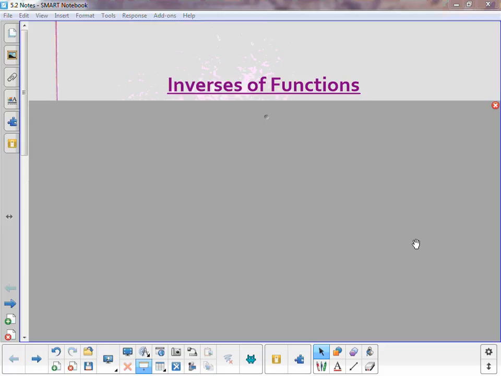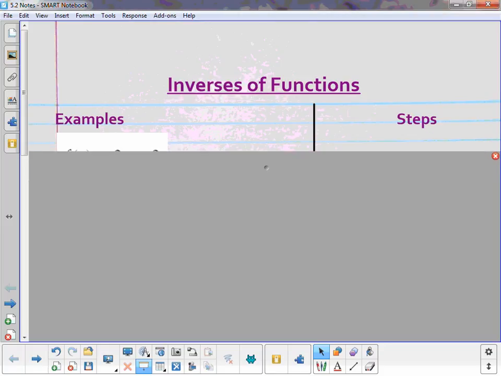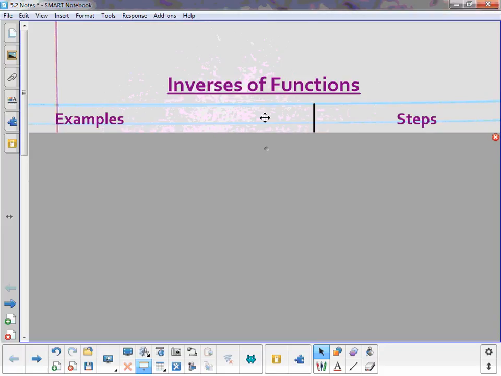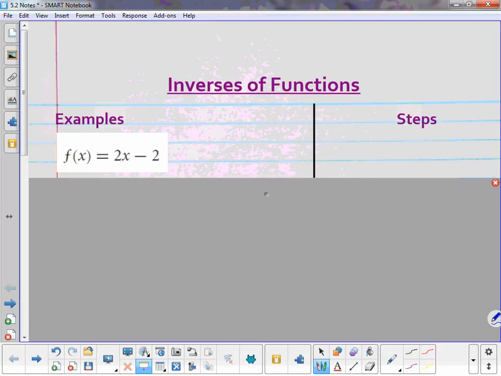So, what we are going to do is on this left side of the notebook paper, we will have the examples, and then on the right side, we will write the steps to finding an inverse. So if you'll write that for me, please, as well as this first example of f of x equals 2x minus 2.